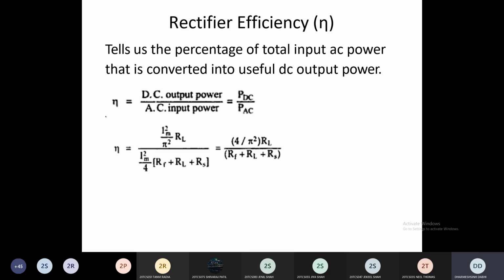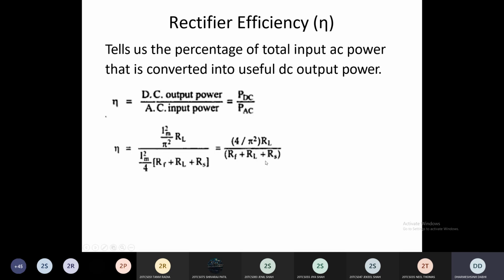So here all these resistance values become what? Suppose you assume that your RF, meaning diode resistance, and source resistance RS are very small as compared to RL. So what is the equation of efficiency?